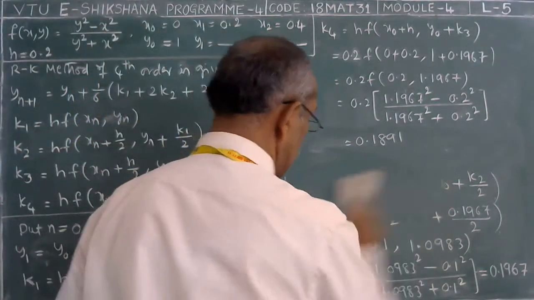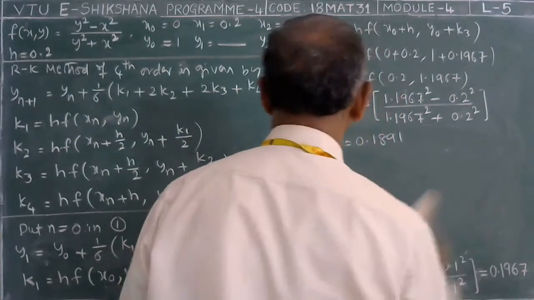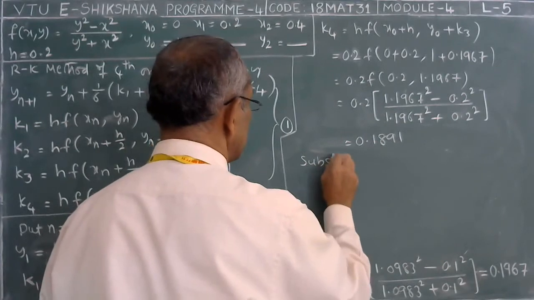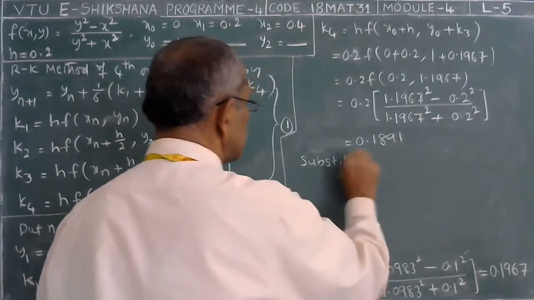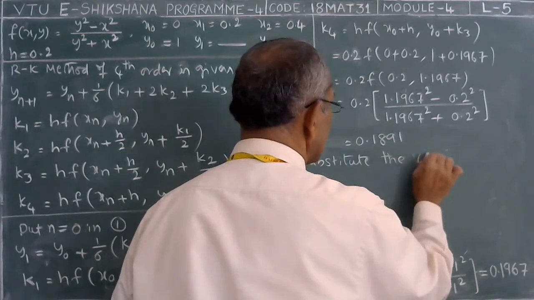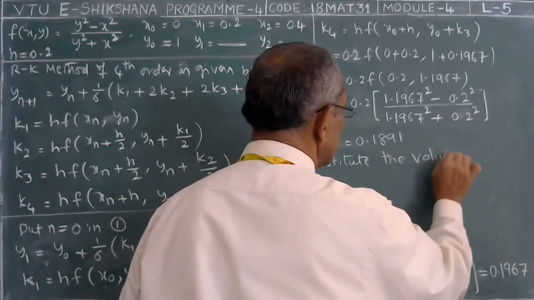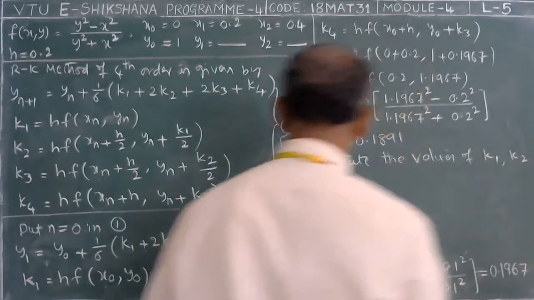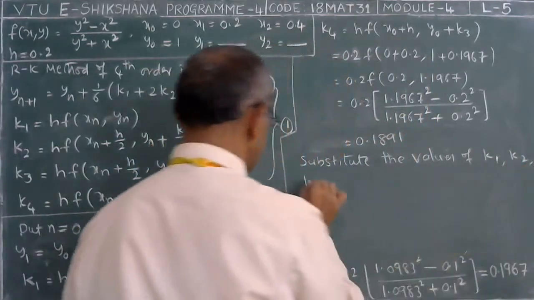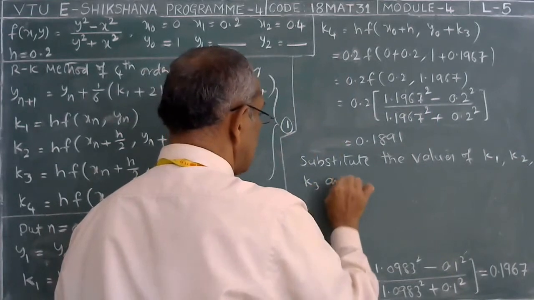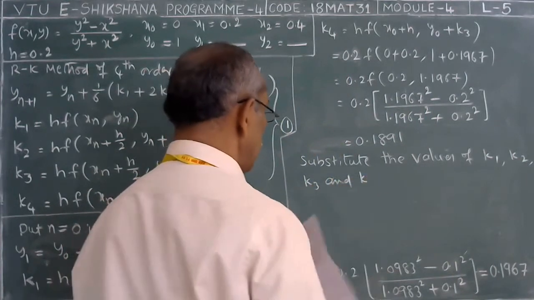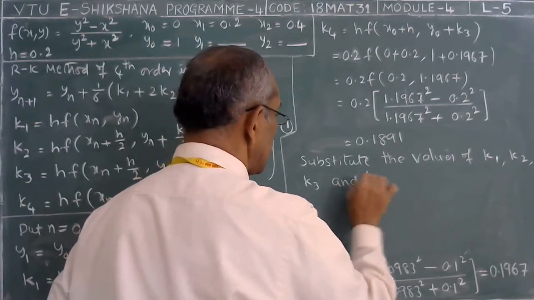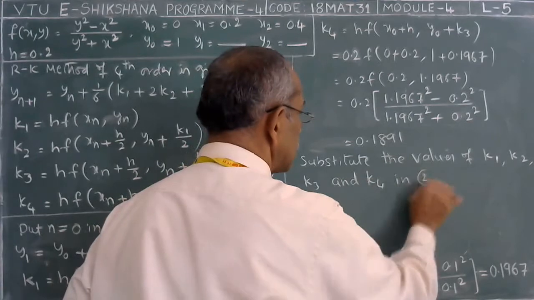Now substitute the values of k1, k2, k3 and k4 in the equation to obtain the value of y at x is equal to x1.